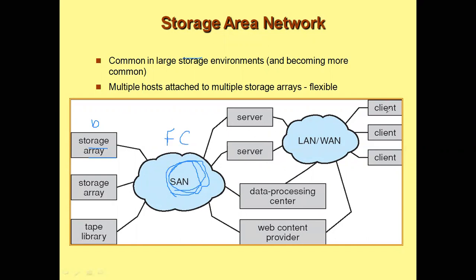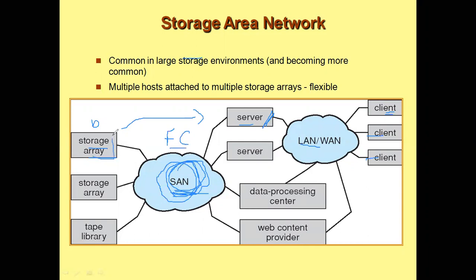See here, this is the client. The client will access the particular server through the LAN, and the server will in turn access the arrays using SAN. So to the client it will appear that the server itself has the storage on it, but actually the server is interacting with the storage devices using a very high-speed dedicated network called SAN using fiber channels.